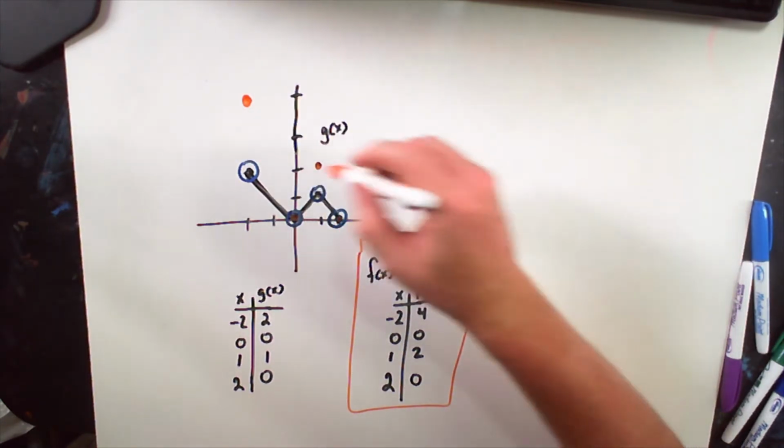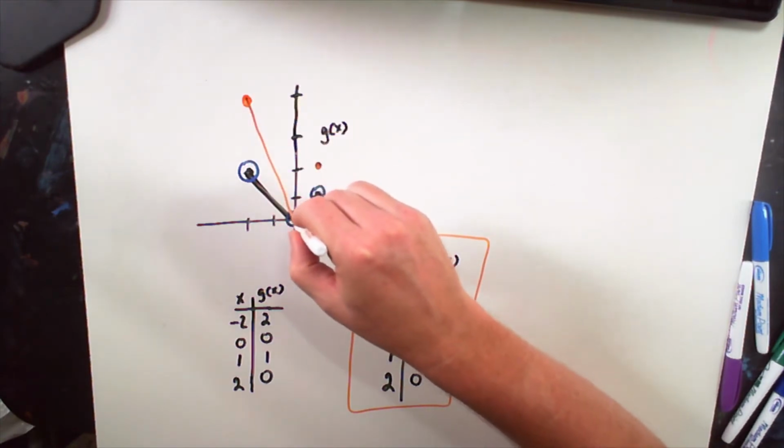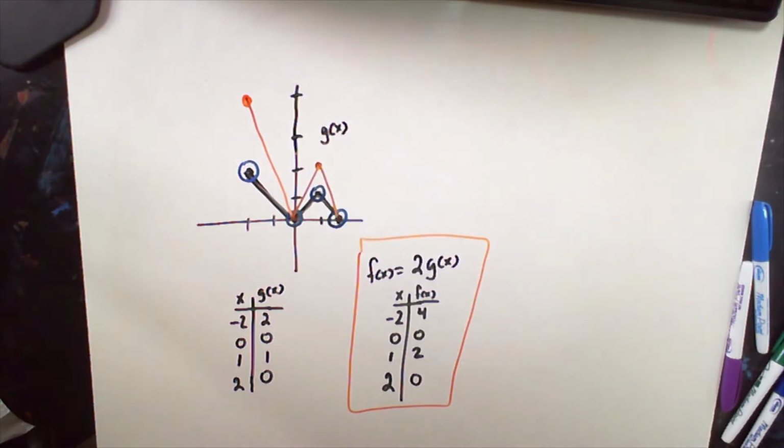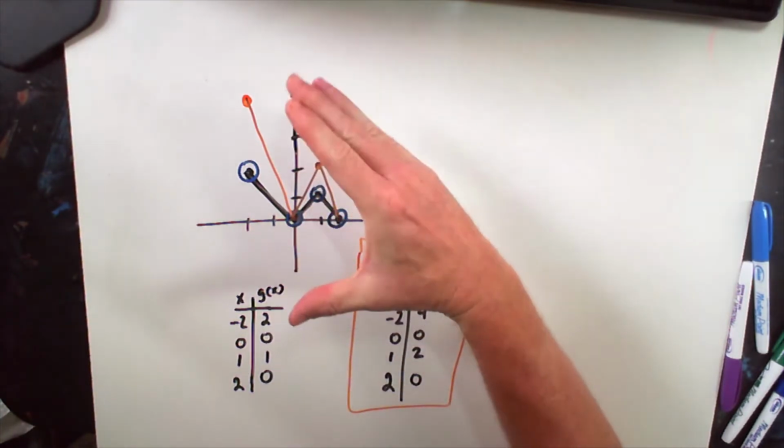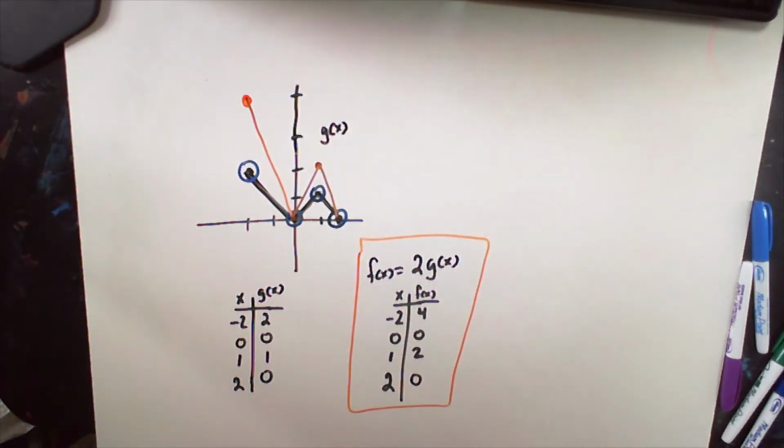That's still the same. And what I can see is that this new 2 times g of x function looks just like the original function, only it's been stretched by a factor of 2.